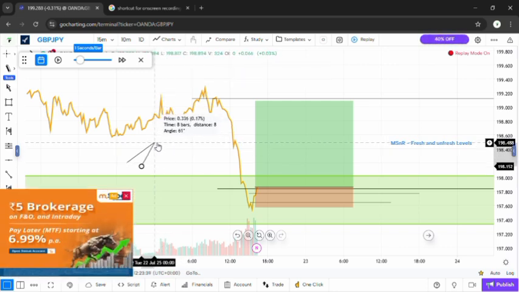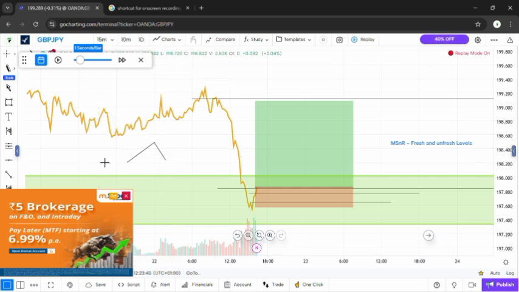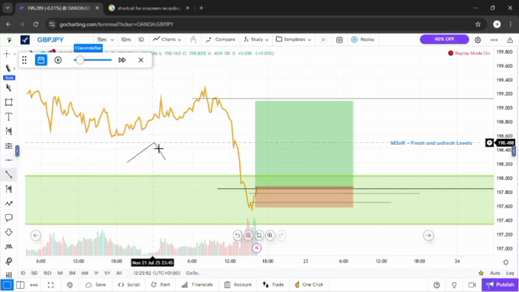Whenever a pattern shows up like this, it means there is a resistance at the top here, right? There's a resistance at the top here.